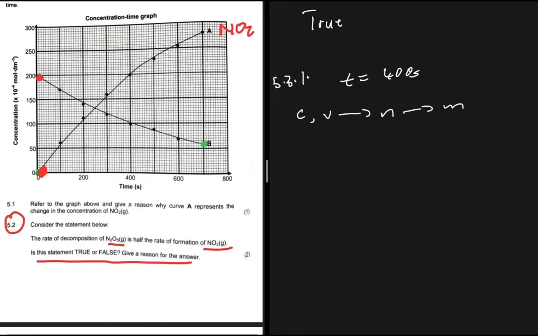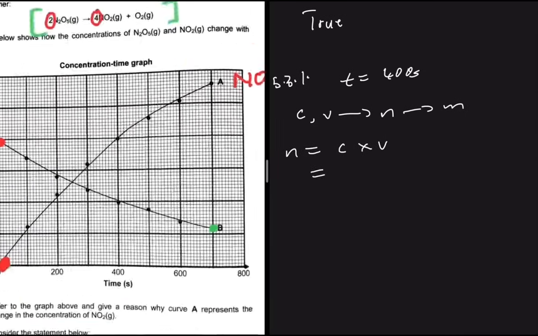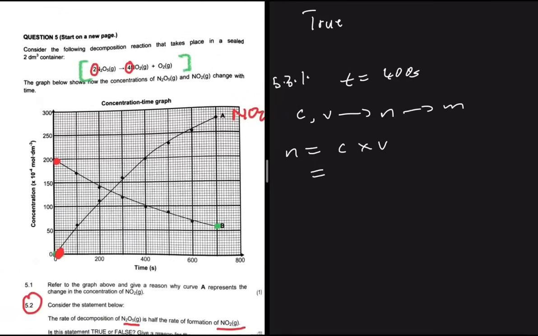We're going to say that the number of moles is equal to the concentration multiplied by the volume. So let's see how much concentration we have at T equals 400. When T is equal to 400, you can see that our concentration is 200, right?